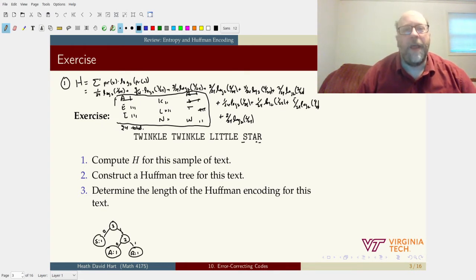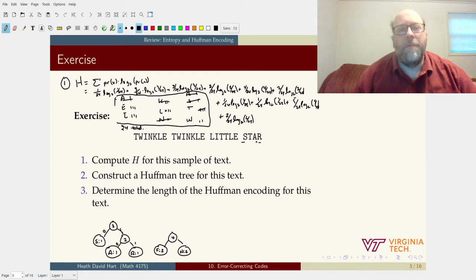So that takes care of S. So now I have a K and an N and a W. Again, I'm going to do this alphabetically, so K before N and N before W. So K has a weight of 2, N has a weight of 2, and they combine to give me a weight of 4. All right. So now K and N are taken care of.